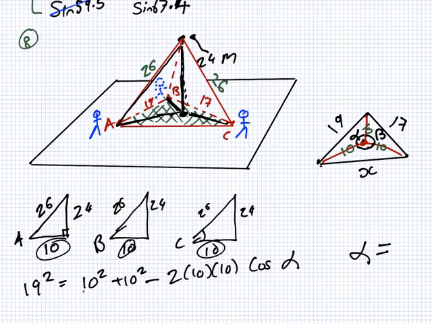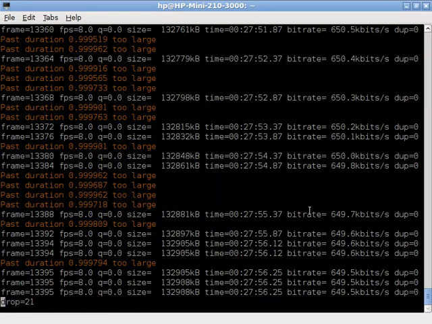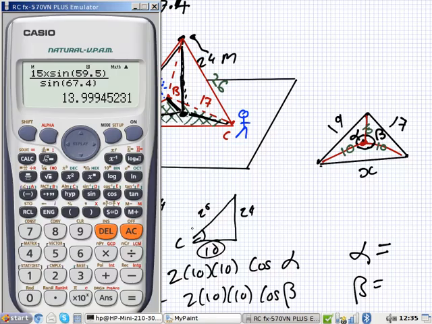And then can I know beta? Yeah, it's the same thing, except I just changed this to cos beta, and the 19 is a 17. So let's get the alpha. Cos alpha, so cos inverse.